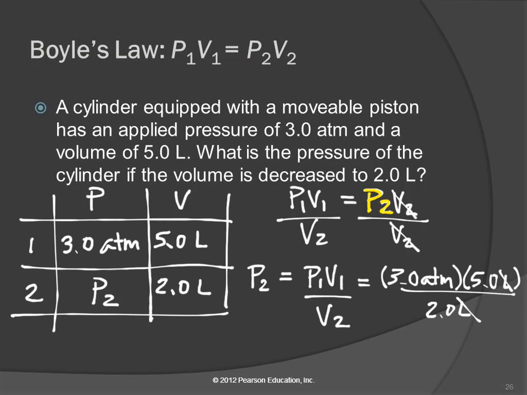That's a good sign. There will be some problems, especially in the homework, where they might give you milliliter and liter, or gallon and liter, or cubic meters or something. They'll give you two different units. And when you come over here and they don't cancel out, that's when you know, oh, wait a minute, I need to convert one to the other. So they will throw things like that at you.